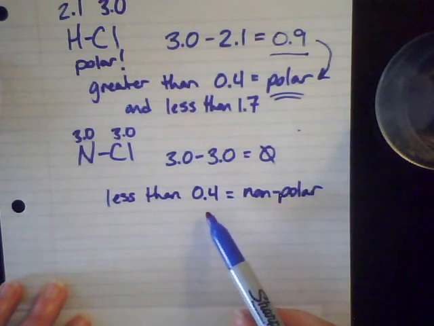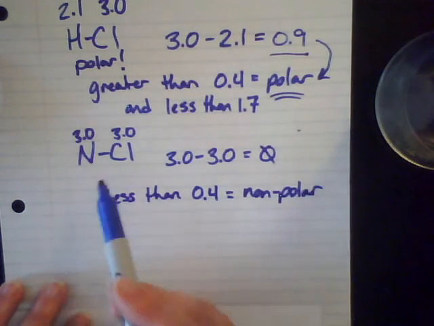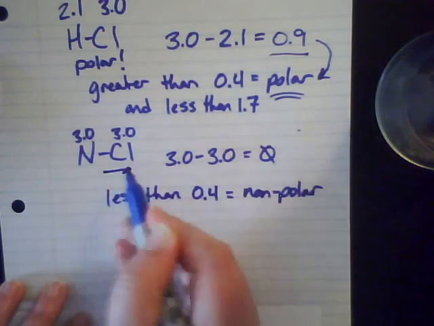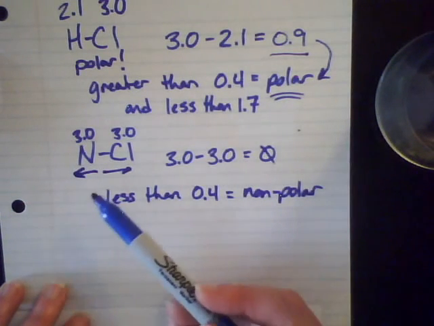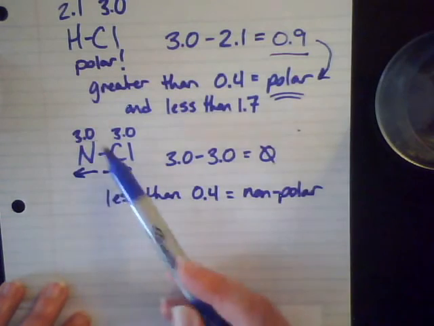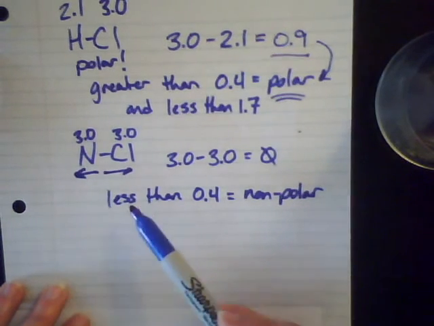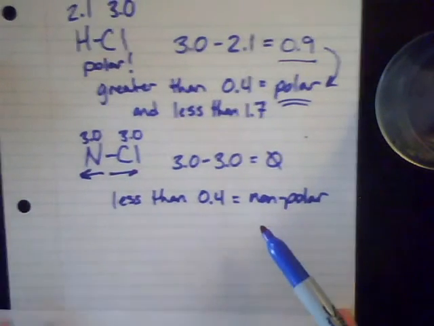So what this means is that there's so little difference in the way they're pulling on these electrons, chlorine pulling this way, nitrogen pulling this way, that they're basically sharing them equally between the two. Okay, that's what that difference tells me.